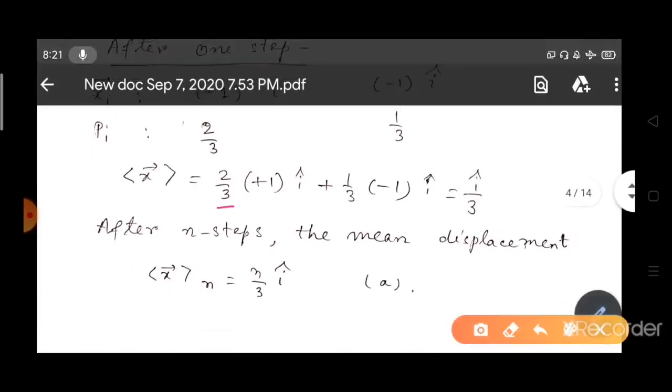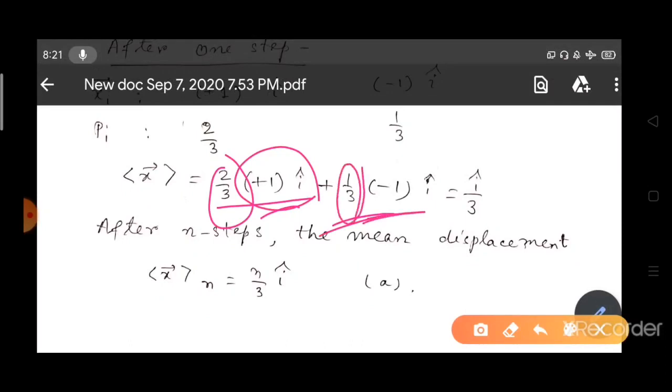For the positive step, the probability is 2 by 3 with x equal to plus 1 i cap, and for the negative step the probability is 1 by 3 with x equal to minus 1 i cap. So it becomes 2 by 3 minus 1 by 3, that is 1 by 3 into i cap.